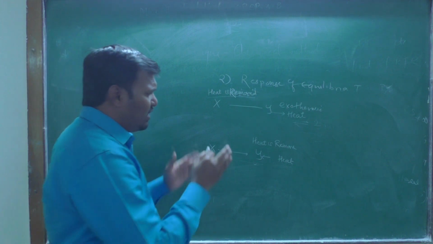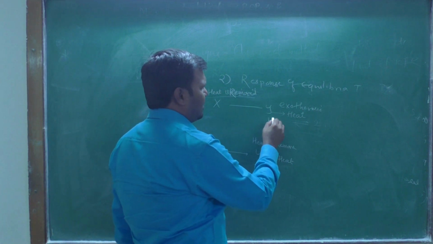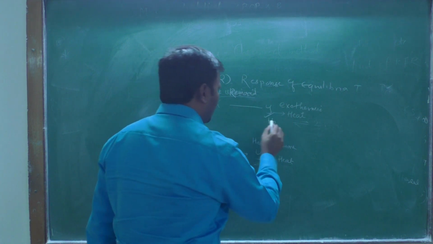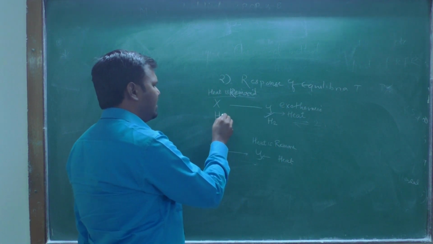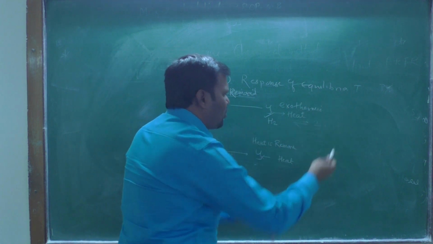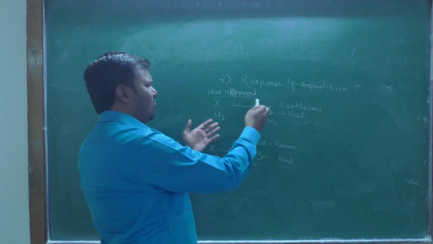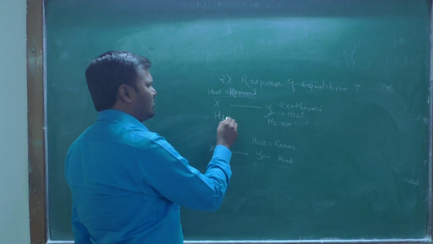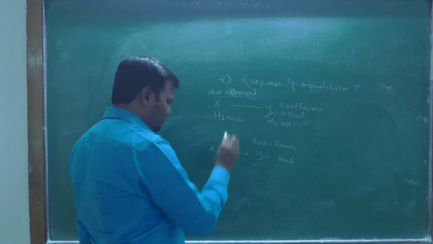Therefore, in an exothermic reaction, the heat content, the enthalpy, associated with Y is H2 and the heat content associated with X is H1. In an exothermic reaction, heat is exhausted from Y. Therefore, H2 has the lesser value and H1 has the higher value.